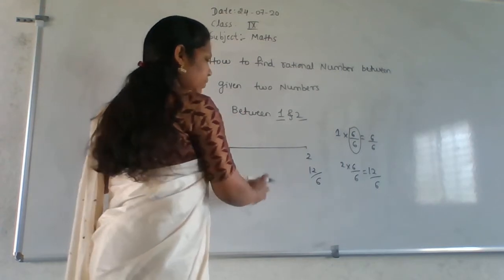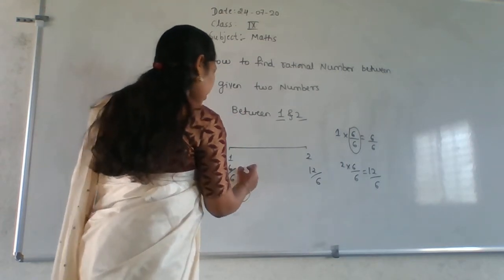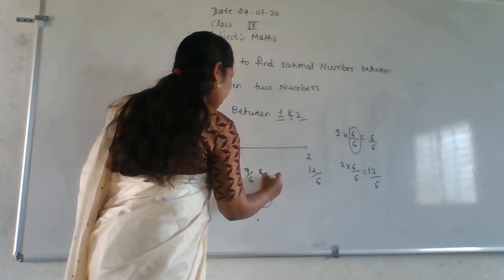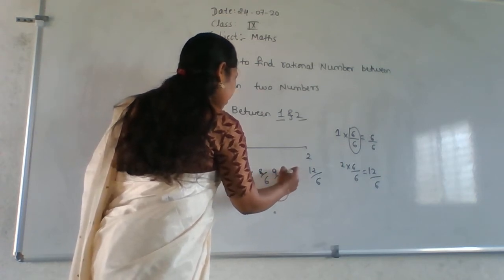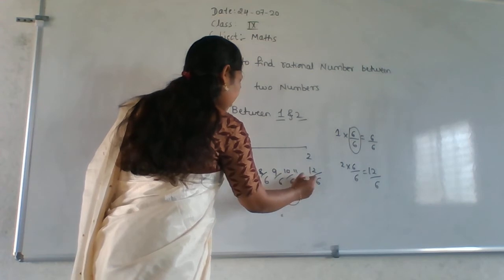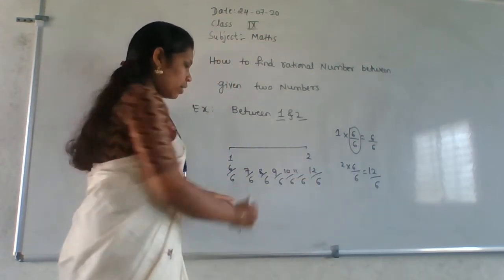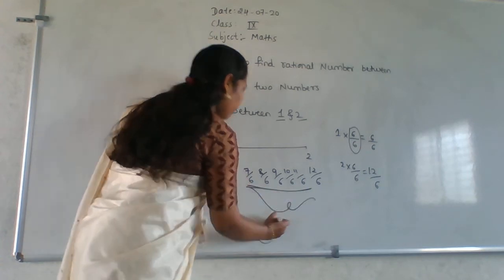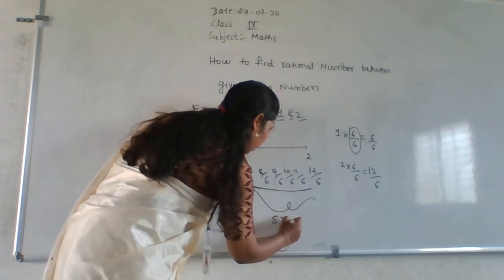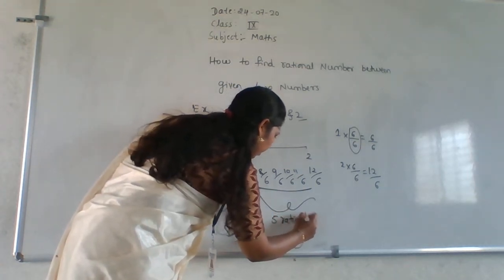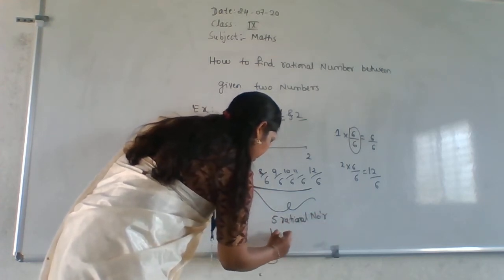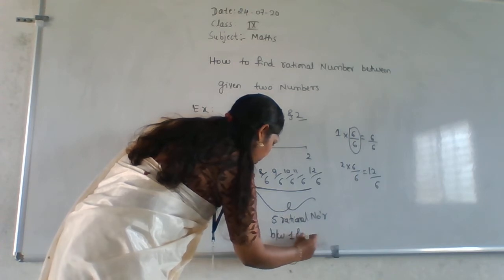What are the numbers between these two? 7 by 6, 8 by 6, 9 by 6, 10 by 6, 11 by 6. These are the 5 rational numbers between 1 and 2.